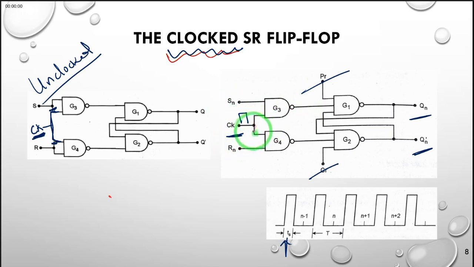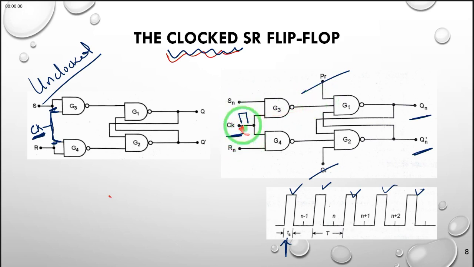But when the pulse happens, it's like serving as a gate or turning on of this gate. Whenever this pulse comes, and you can see there are many pulses, every time a clock pulse arrives, the gate input is now transmitted to the output.